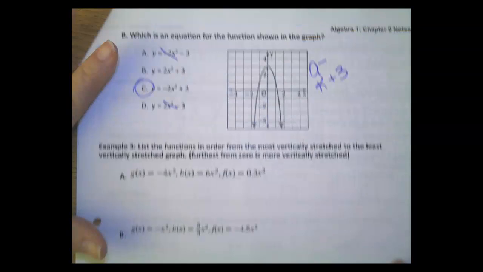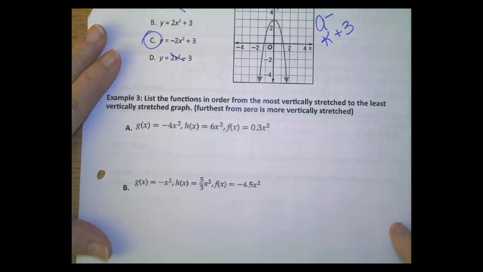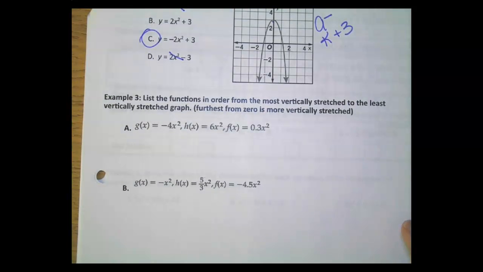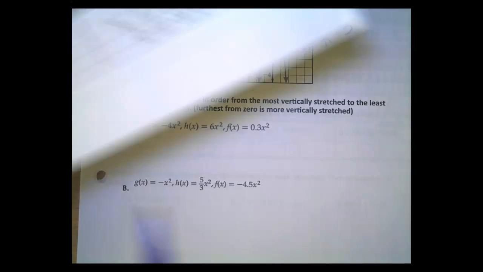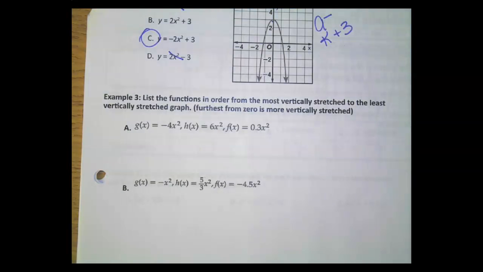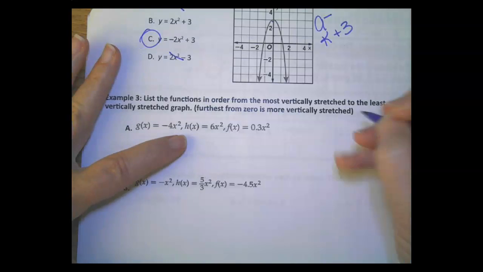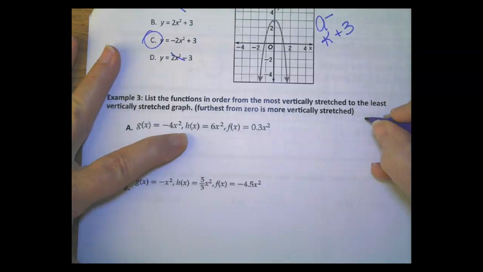This one has the most vertically stretched. So if you go back to your original notes, vertically stretched on the other page right here, means more like that, not this.